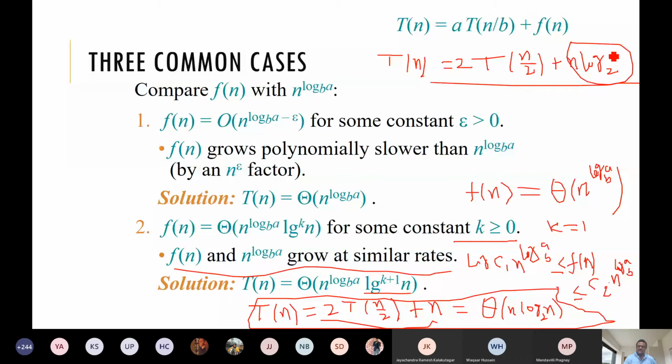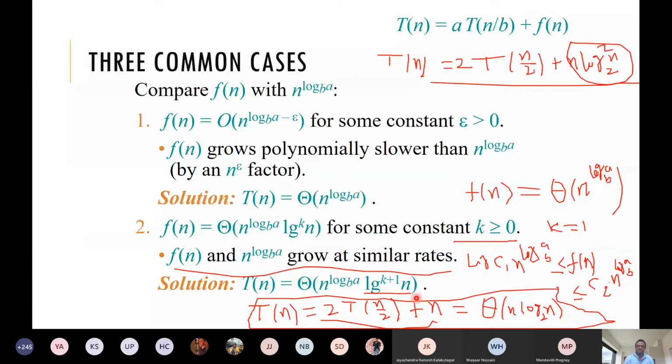They differ by a log factor, and it could be a square or cube also. We are allowing that, which is why we take k. In that case, all these fall into case 2 of the master method, and based on the k value, we have the solution.